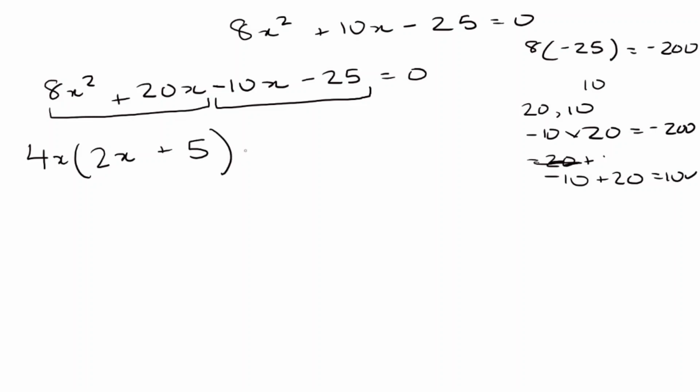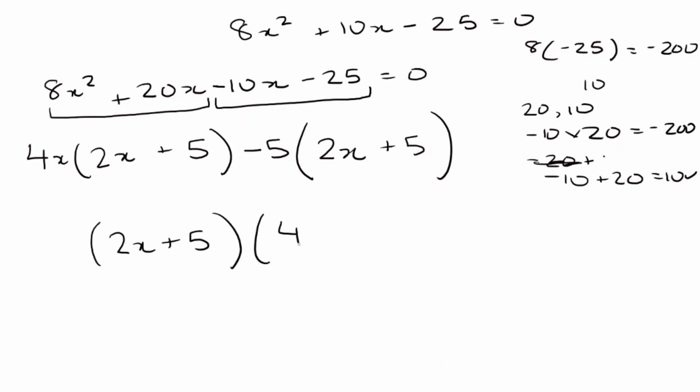And minus 5 will be the common factor here, to give us 2x plus 5 over here as well. So our factorized form will be 2x plus 5 times 4x minus 5, which equals 0.